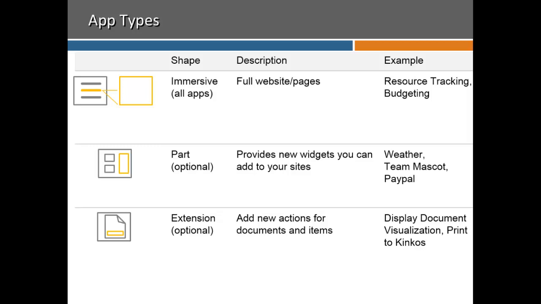Second, you have the concept of an app part, which are basically widgets, and it's the equivalent of deploying a custom web part and using it in a web page within your site. And finally, you have this concept of an extension, which basically allows you to extend menus, either the ribbon or the context menu within SharePoint.